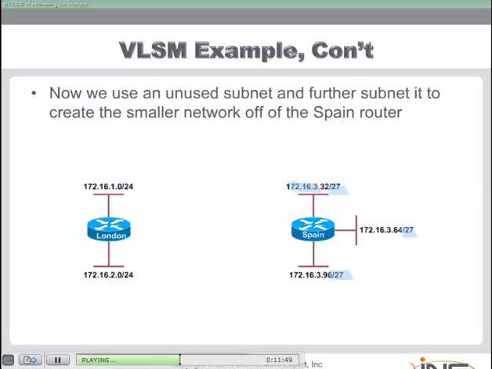Over on the Spain router, we don't need segments that are that big, so we further subnet it using the /27 mask. Each of those areas can support, of course, fewer hosts, but that's perfect. We don't need that many in those areas.